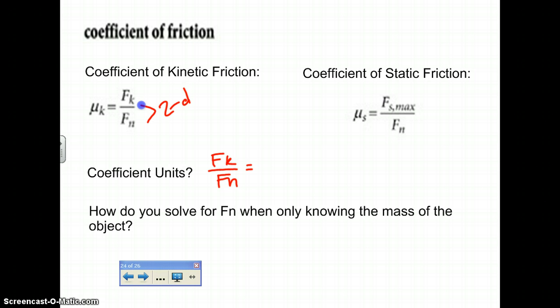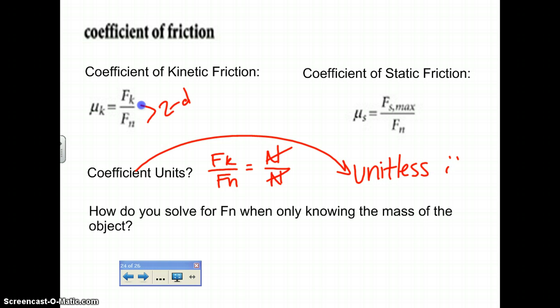The units for F of k are in newtons, right? What are the units for F of n? They're in newtons. So what are coefficients' units going to be? Like what's mu k going to equal? What is mu s going to equal? Unitless. No units. Okay? There's going to be no units that are applied to this because they cancel out.